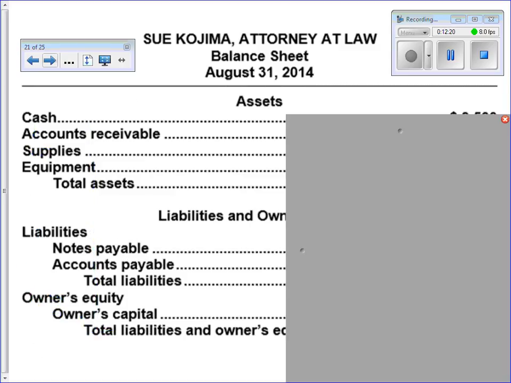I think you have more lines than you need again, correct? So was cash line 1 or line 2 in your workbook? So this is line 2, 3, 4, 5, 6. Is that correct? Okay.